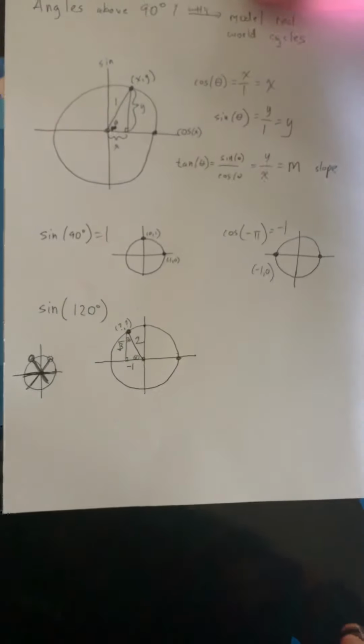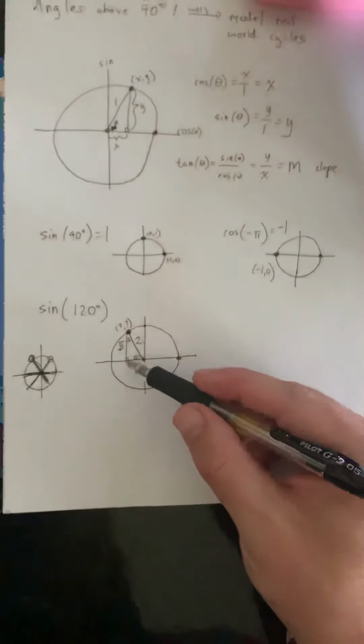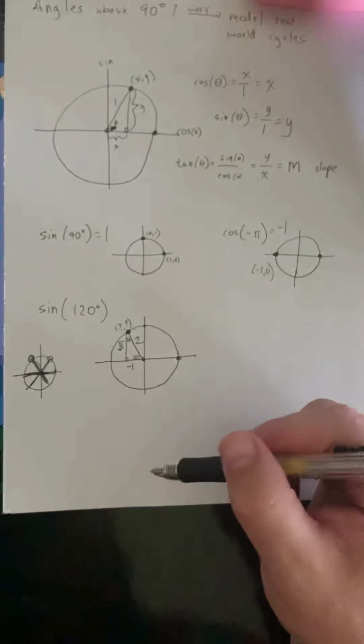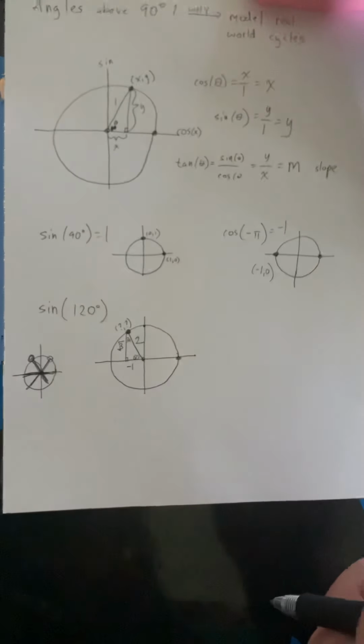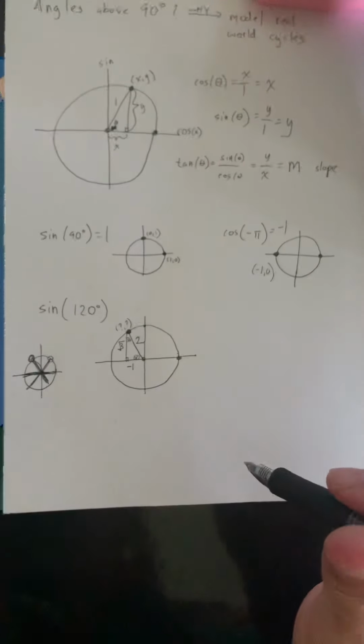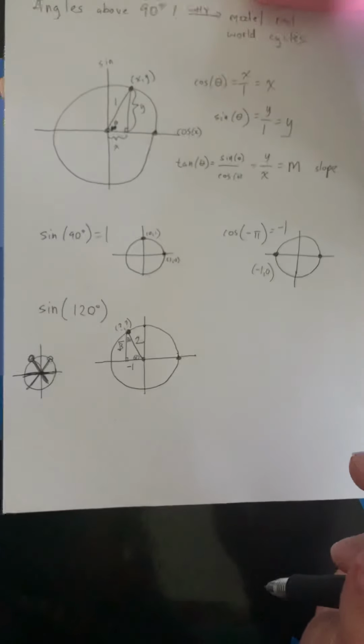So when you fill in these ratios, the 30, 60, 90 or the 45, 45, 90, you already know these things. You have to put them as negative if you go to the left or if you go down. So if a right triangle is in quadrant 3, both that vertical and horizontal would be negative. The hypotenuse is always positive. I'll say it again: the hypotenuse is always positive, so you don't have to worry about that.